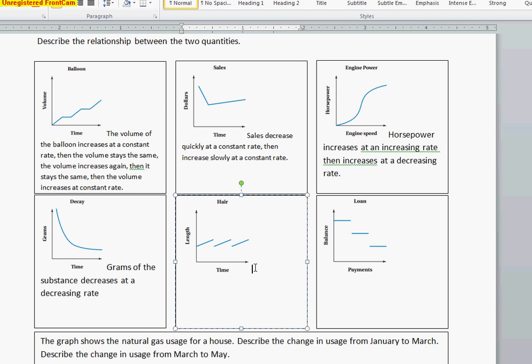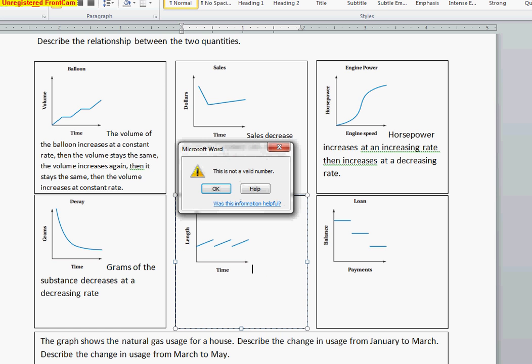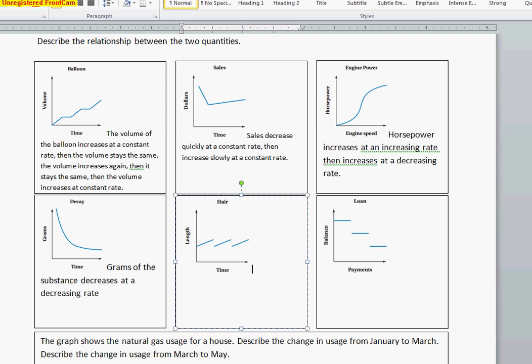In this next one, they're talking about hair, and then the length is increasing at a certain time, but then it drops off. So let's talk about that. So we'll say hair length increases at a constant rate, then instantly decreases.